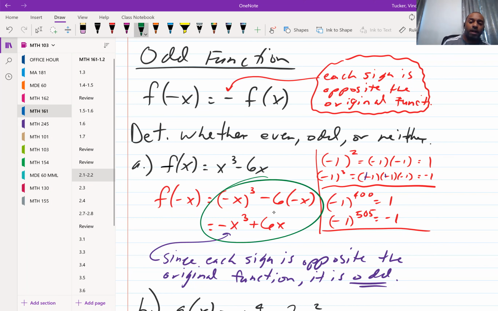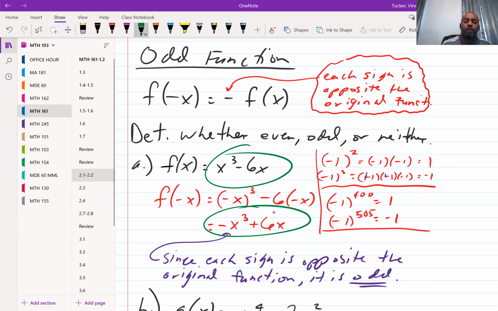So when we look at simplifying this, negative x to the third power will still result in a negative x cubed. And then here we have -6 times negative x, which is +6x. And so if you compare this result to what we had originally, you'll see what I wrote down there in the purple.